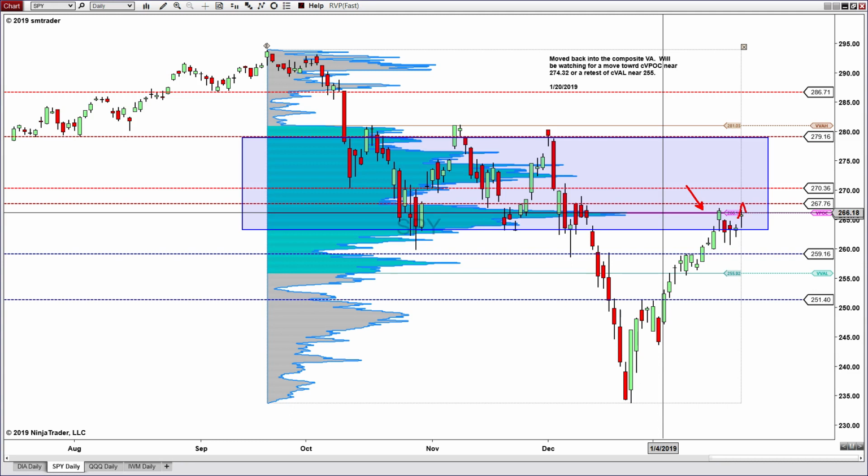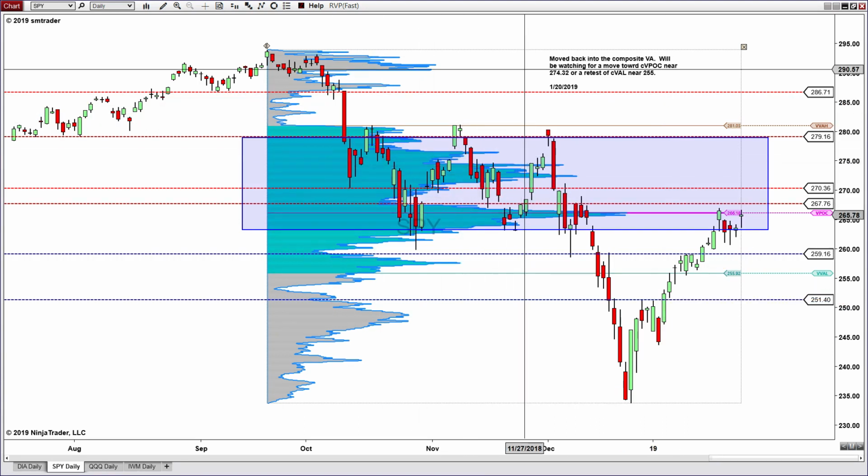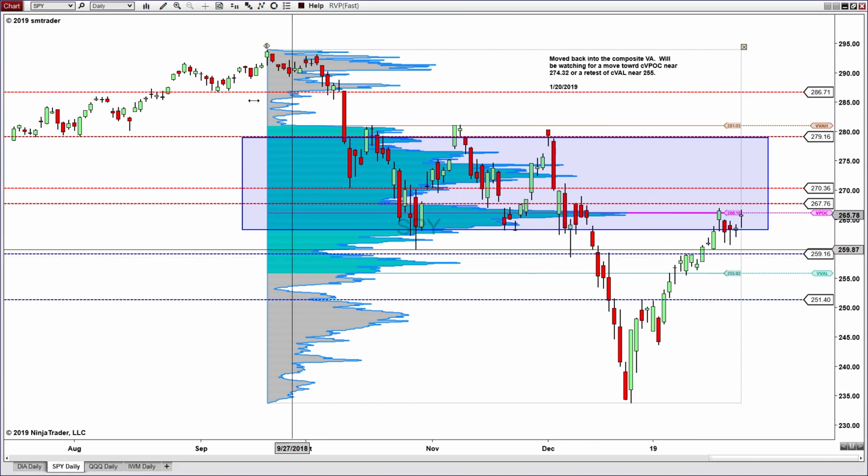If this thing stalls up here and then comes back down, then most likely you're going to see it come back and retest this value area low near 255.92. And if it can't hold, let's say it breaks through that, then this 251.40 will be in play. And if you look at the ES, there's a little bit of a balance area here. From my midday video, you can see that there is a balance zone down here for the E-mini S&P 500 future. So that's the SPY.